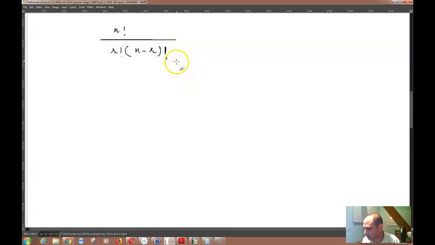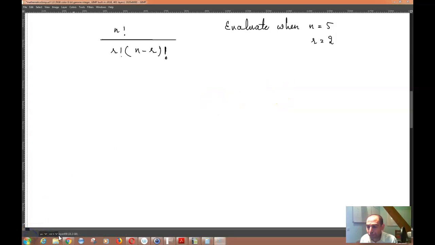We want to evaluate this when n is equal to 5 and r is equal to 2.